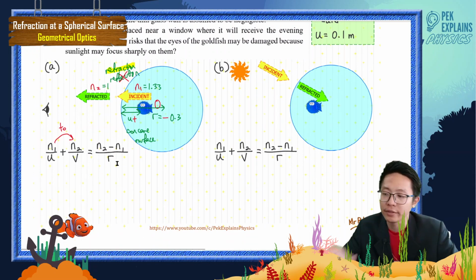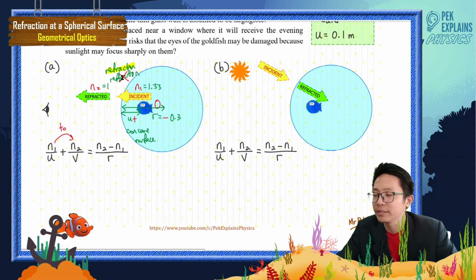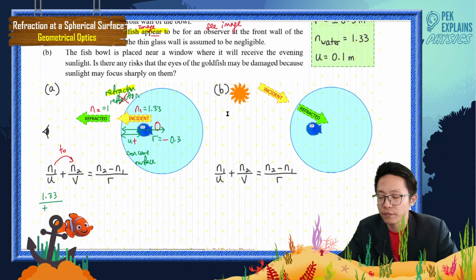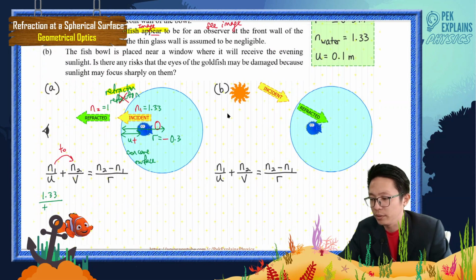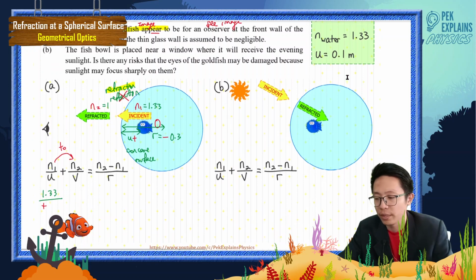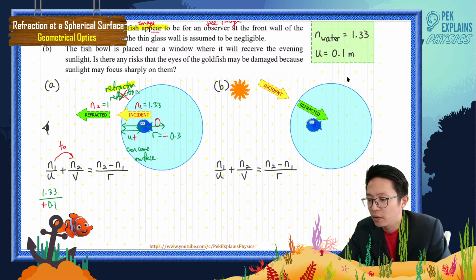Okay, we already got everything. So now just substitute and calculate. N1 is the water. U is positive. U is put as positive. What's the value? U is 0.1, just put as 0.1.